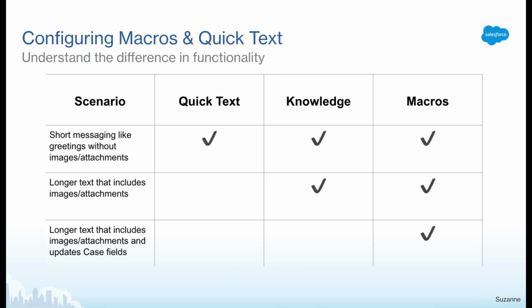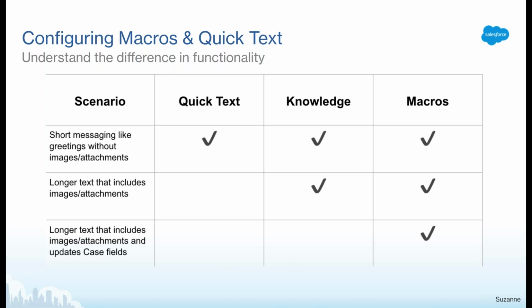If you want to take that one step further, you can make use of knowledge articles, which is your content section. So you have content in desk.com called articles. In Service Cloud, the equivalent is knowledge articles. You can use the same thing here, again, presenting either short messaging or longer text.